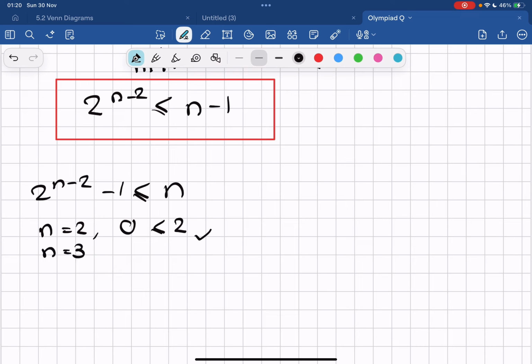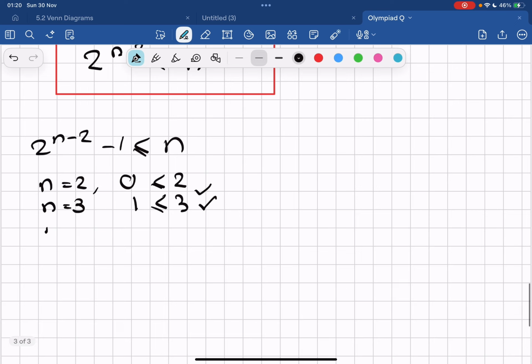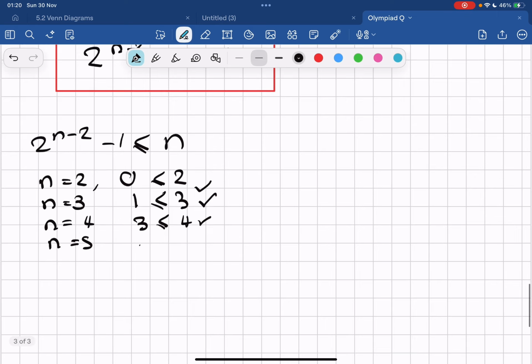N equals 3, we get 2 to the 3 minus 2, so that's 2 minus 1, which is 1, sorry, is less than or equal to 3, which also works. N equals 4, we get 2 squared minus 1 equals 3, which is less than 4, which also works. N equals 5, we get 2 to the 5 minus 2, which gives us 8 minus 1, 7. 7 is less than or equal to 5, which is incorrect.